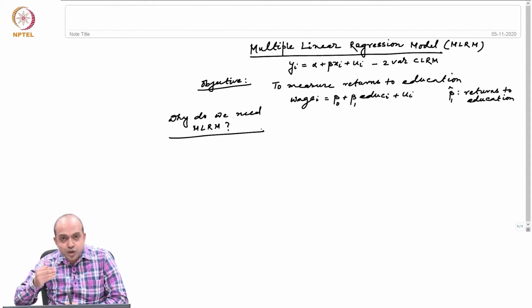When individuals are different in so many other aspects, assuming they are different only in terms of education is quite a restrictive assumption. That means, even if our objective is to estimate the impact of education on wage, we need to include other factors in the model so as to control the impact of other factors.